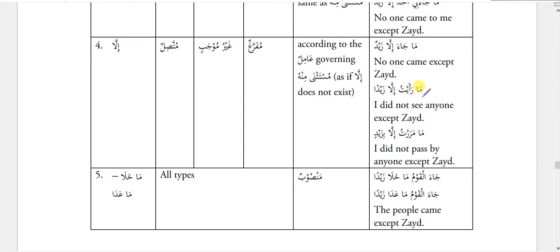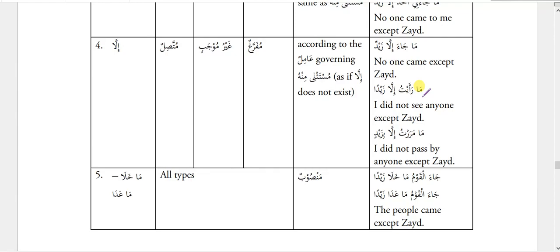For example, if the fi'l is mentioned and the mustasna is becoming fa'il, the i'rab of mustasna will be damma. If the fi'l and fa'il are mentioned and the mustasna is in the position of maf'ul, it will have nasb on it. If mustasna is in the place where it should have kasra, again the mustasna will accept the i'rab of kasra.